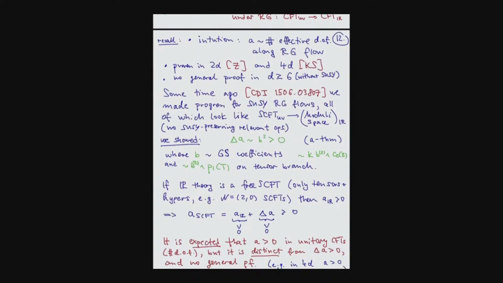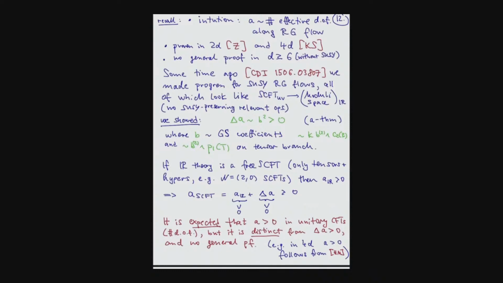However, the a-theorem in itself does not imply, trivially, that the total a-anomaly of a given CFT is positive. Roughly speaking, you might think that it does, because you could, for example, try to take a CFT and flow to a trivial gapped theory in the infrared. And if you do that, then the infrared theory doesn't have any a-anomaly.